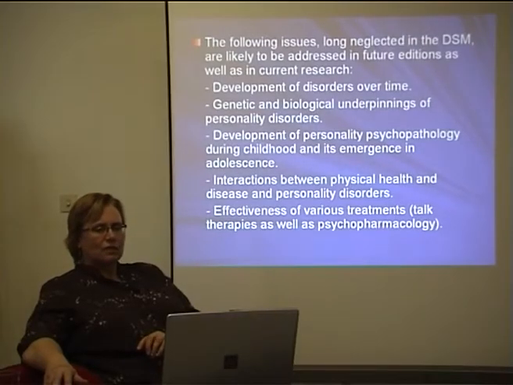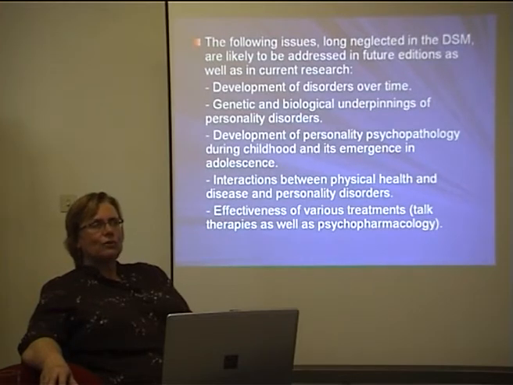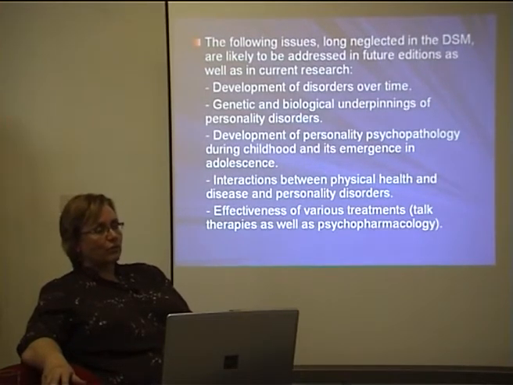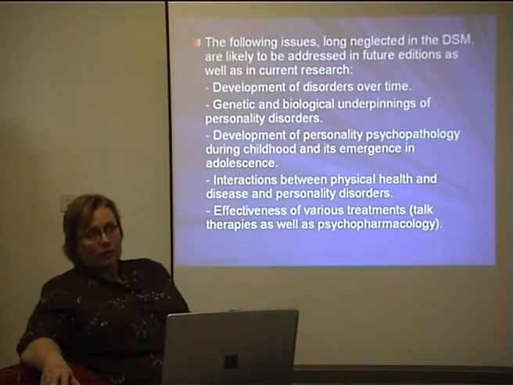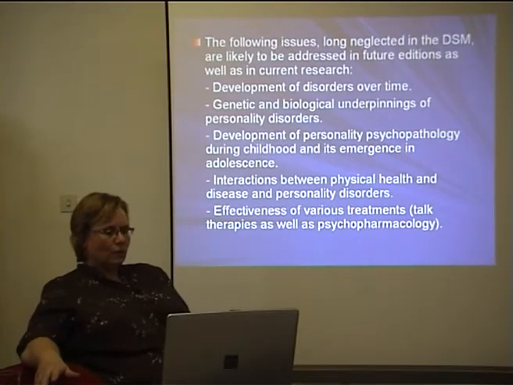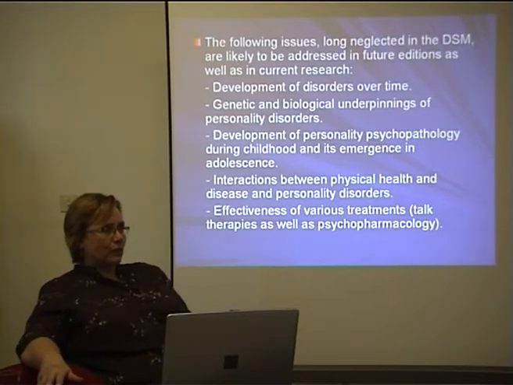There are some issues that have been long neglected in the DSM, but they're likely going to be addressed in future editions. And there's often ongoing current research in some of these areas too. One is, how do disorders unfold over time, or the development of disorders over time? Could someone who has slightly odd behavior in adolescence, who doesn't fit into school well, later develop a personality disorder as an adult?